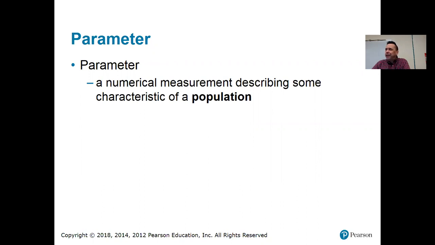And there is a great trick that will help you remember this particular bit of vocabulary. I absolutely love that it works out this way. So parameters are about populations. Statistics are about samples.